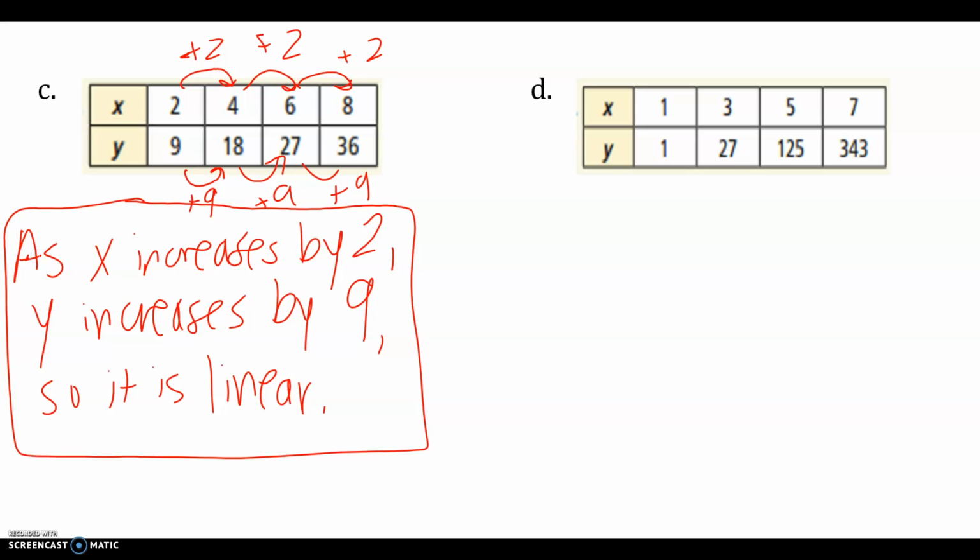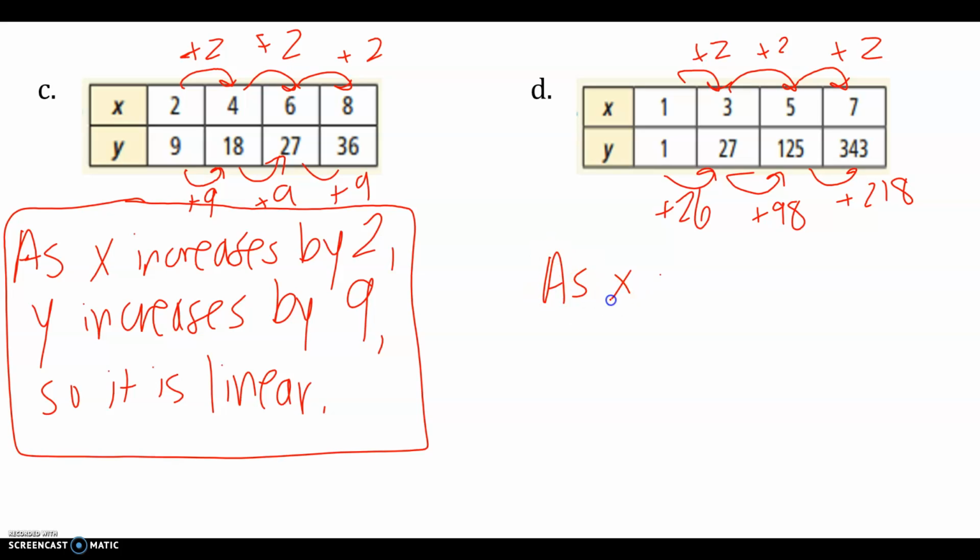All right, last one. From 1 to 3, add 2. 3 to 5, add 2. 5 to 7, add 2. Good so far. From 1 to 27, add 26. From 27 to 125, you are adding 98. And from 125 to 343, you are adding 218. So obviously it's not going to be linear.